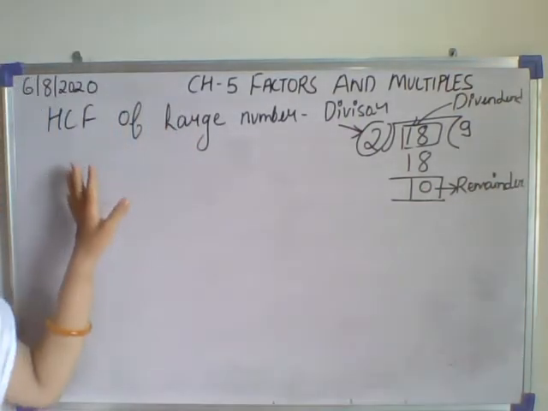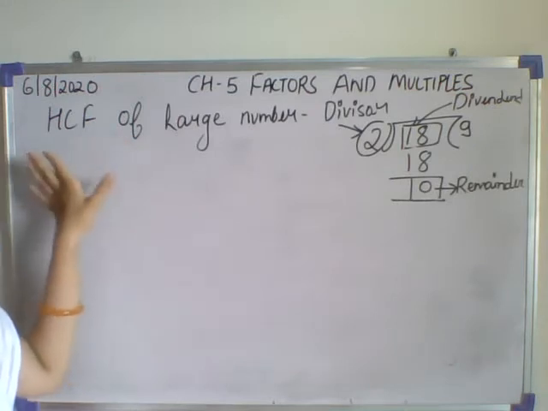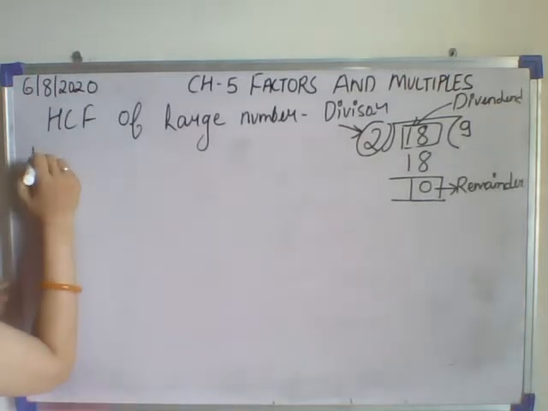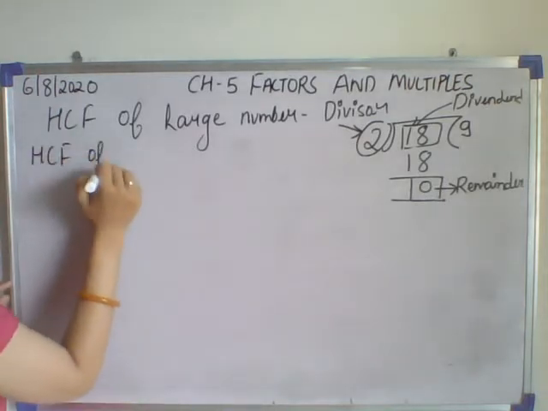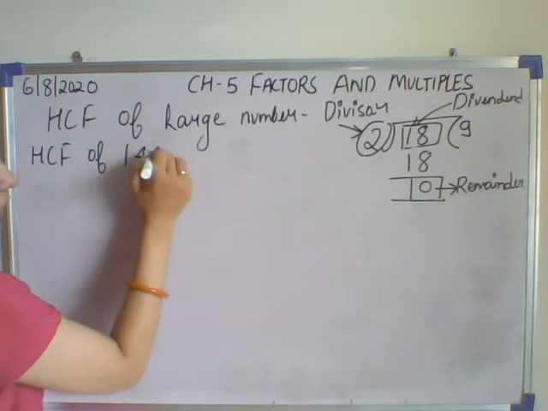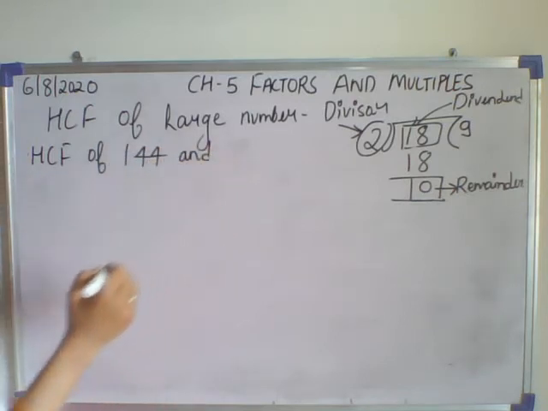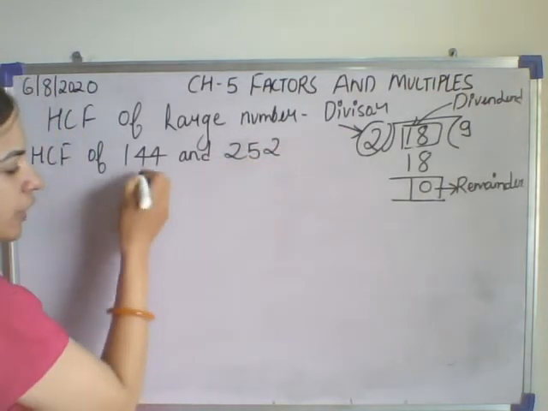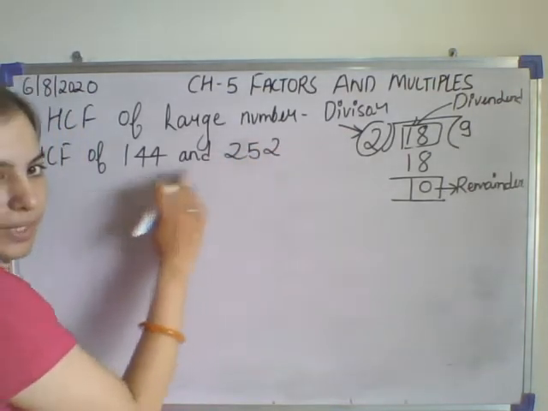Now let us start with how to find the HCF of large numbers. You have to find the HCF of 144 and 252. Here two numbers are there. These two numbers are very large.